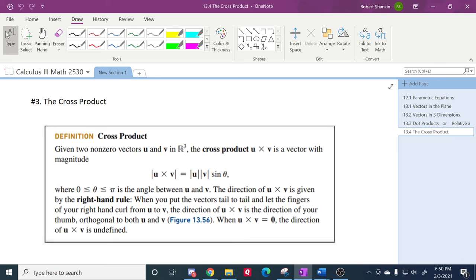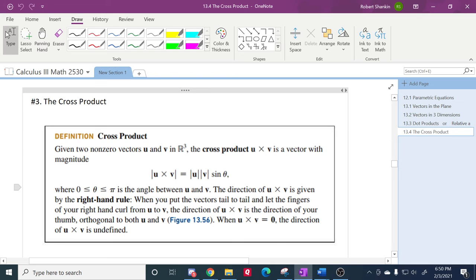You curl your hand the shortest direction to get to v, and then the direction of u cross v is the direction of your thumb, orthogonal to both u and v. When u cross v is equal to 0, the direction is undefined, and it doesn't have a direction. Okay, any questions at this point?